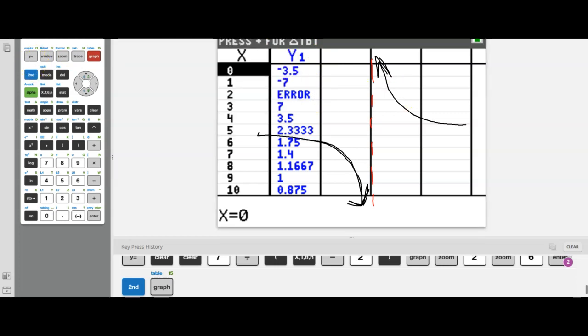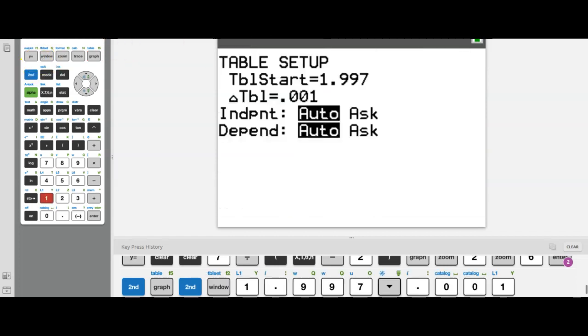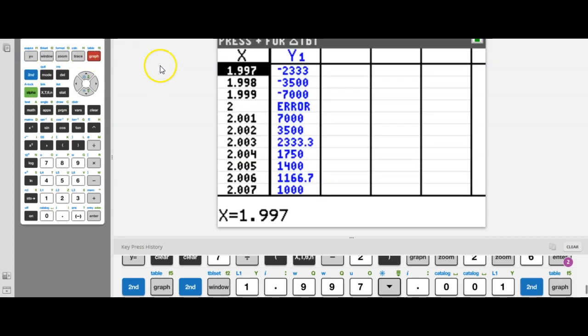Let's actually fix this table so we have smaller increments. Okay, so I've set the table to go in increments of thousandths, right around x equals 2. And now let's take a look at our table.